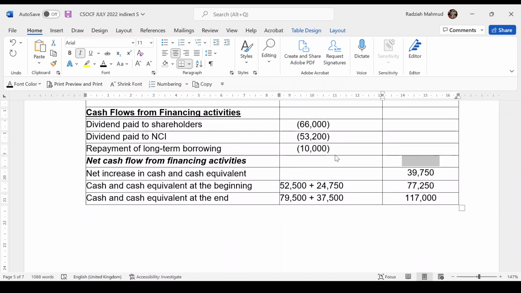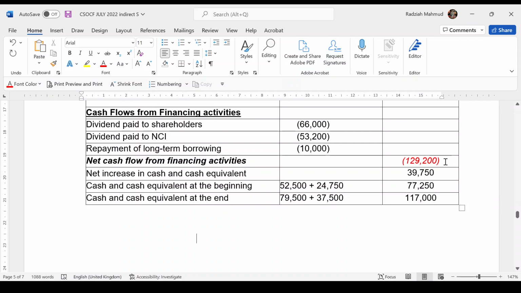Okay, so I will put this figure in red. There are no marks given for this figure, so you don't have to calculate it. Why should you waste your time to find this figure?